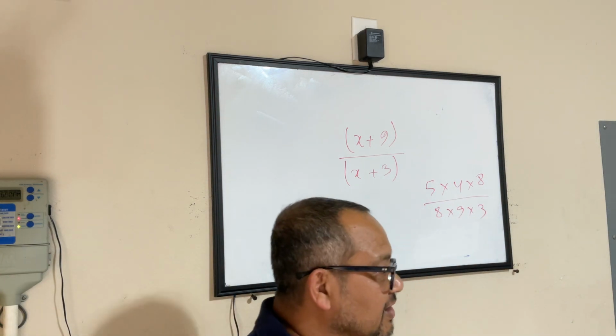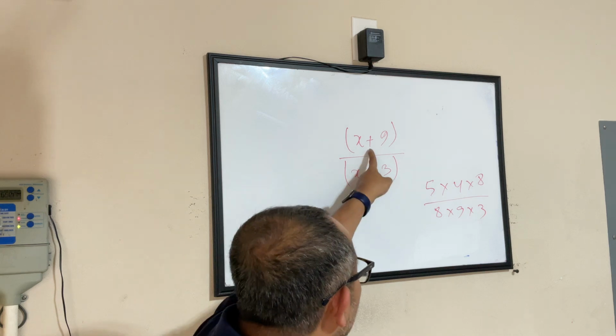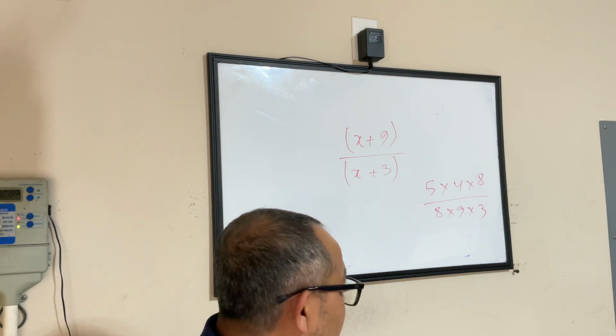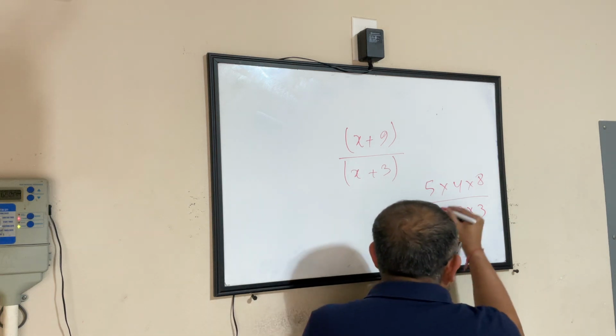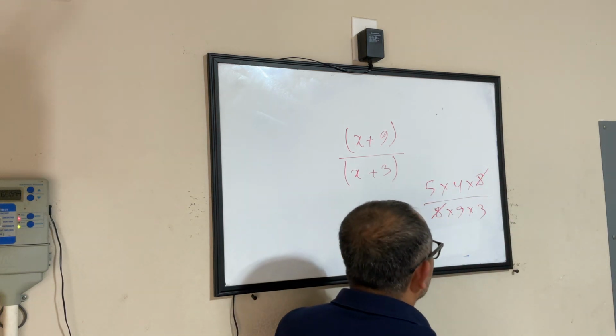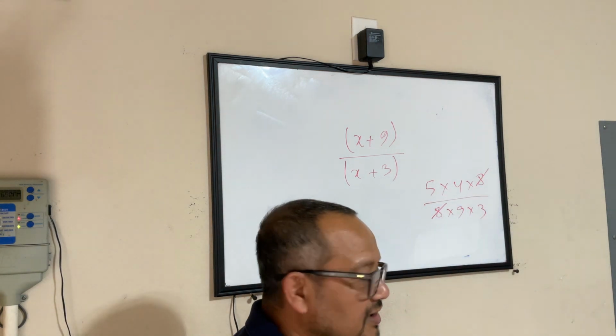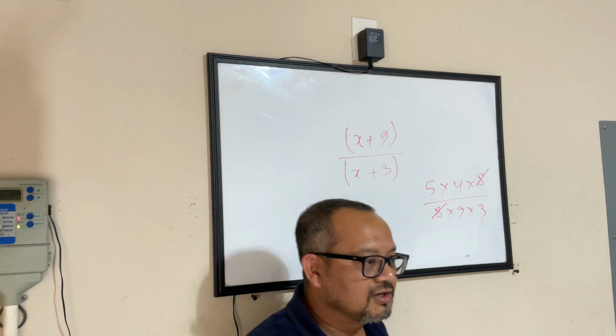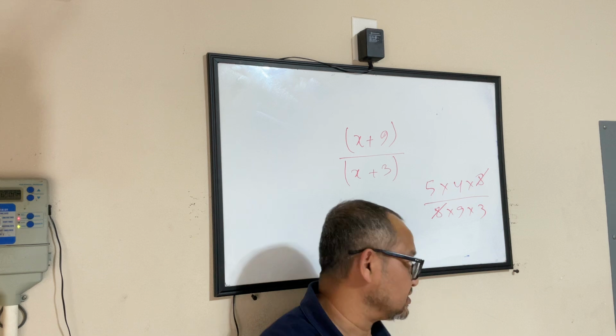Don't use tic-tac-toe when you have a plus or minus sign in the numerator or denominator. Here the tic-tac-toe is this, 8 and 8 gone. That's it. But if you are applying tic-tac-toe here, you are going in the wrong direction.